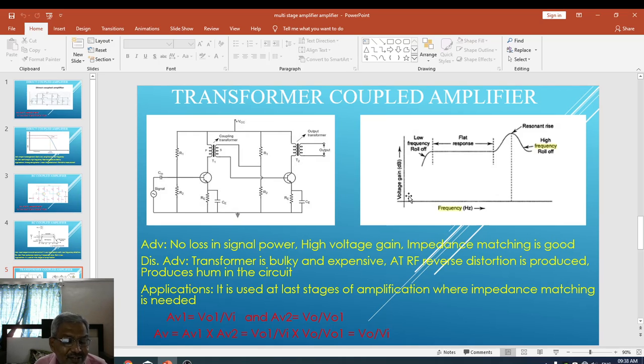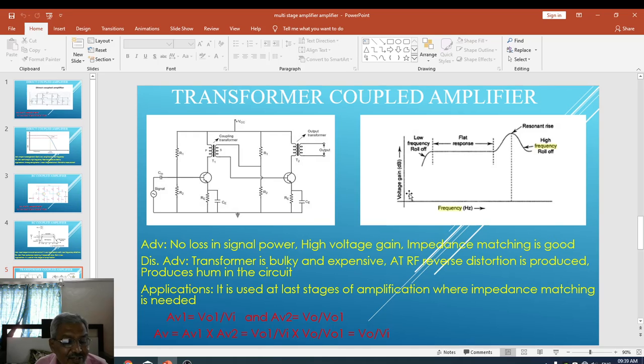At high frequency, the leakage inductance and distributed capacitance, as already explained, reduce the gain at high frequency. So here also the gain is less. The peak gain is due to resonance of the inductance and capacitor.